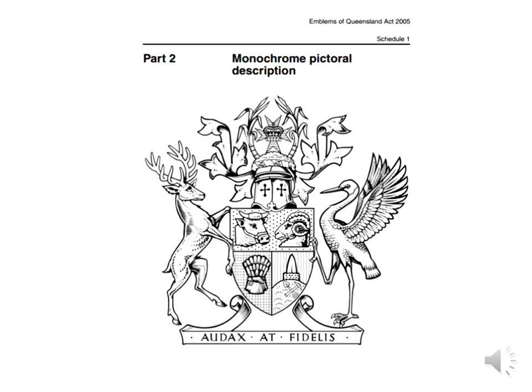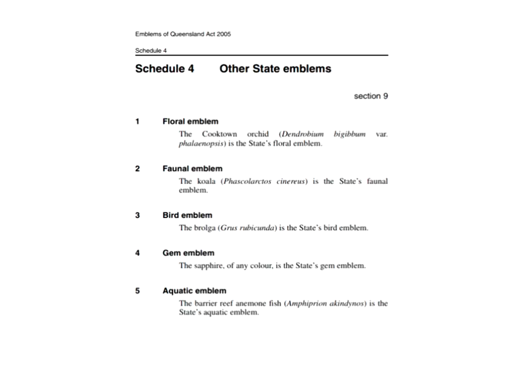So this is from the schedule, this is Schedule 1, so it actually has the graphic design of the monochrome pictorial description of the coat of arms. That's the official place where you would refer to what the coat of arms looks like. It's actually enshrined in legislation in the Emblems of Queensland Act. So that's interesting.